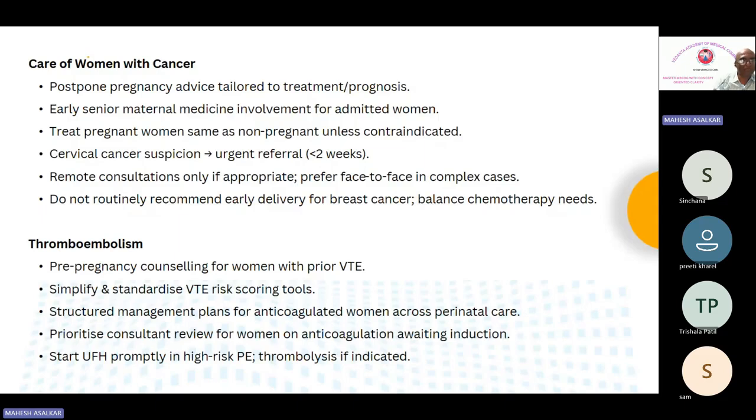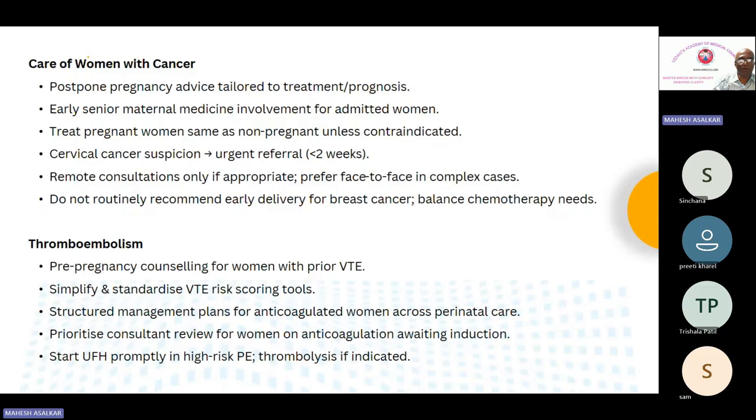Treat pregnant women the same as non-pregnant women unless contraindicated. If there is a cervical cancer suspicion, urgent referral within 2 weeks. Okay, the patient should be referred within 2 weeks. Remote consultations only if appropriate, otherwise a face-to-face consultation should be arranged. And do not routinely recommend early delivery for breast cancer, and balance chemotherapy needs.